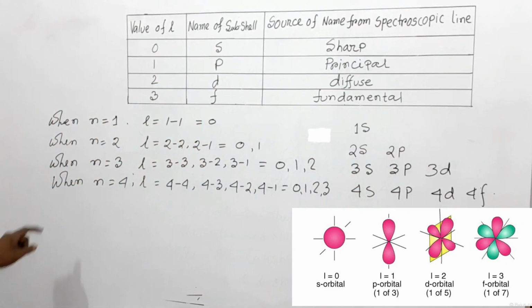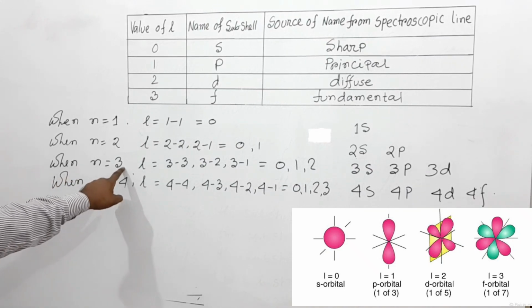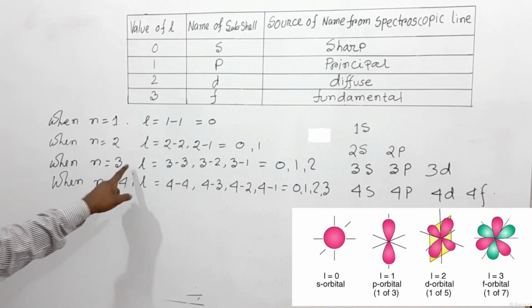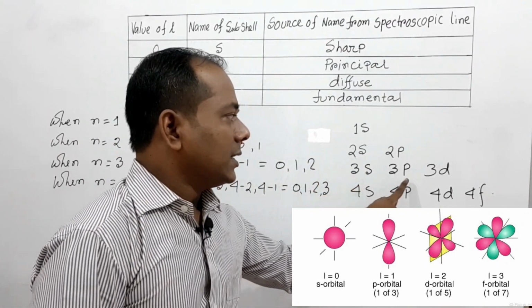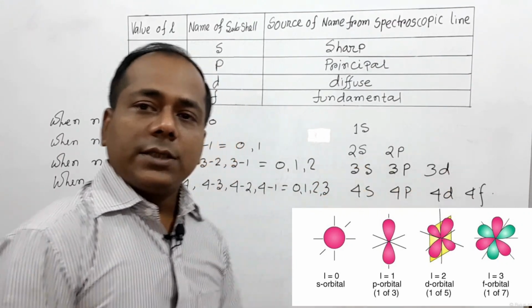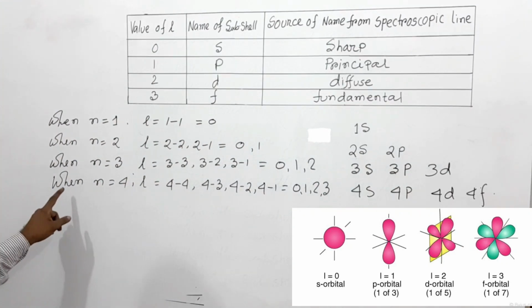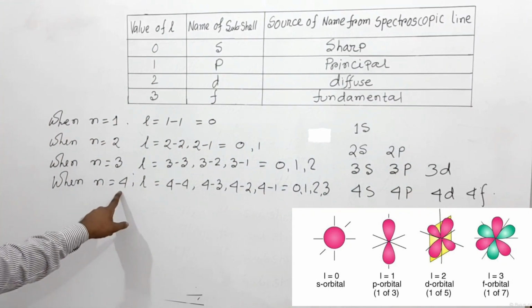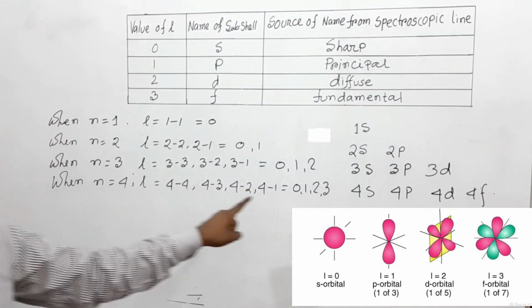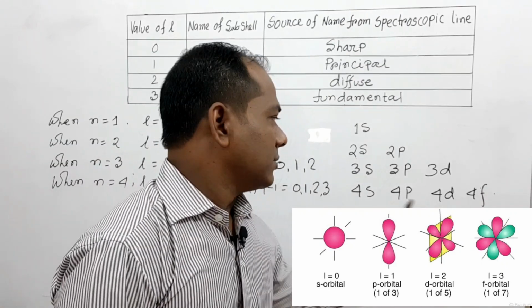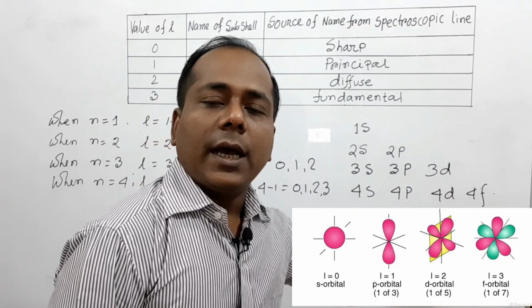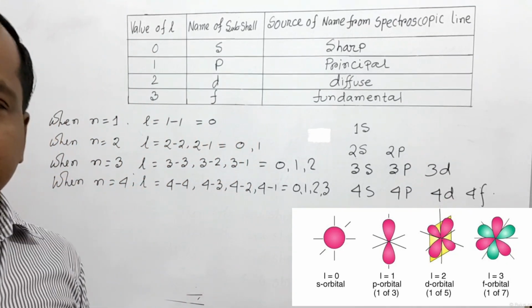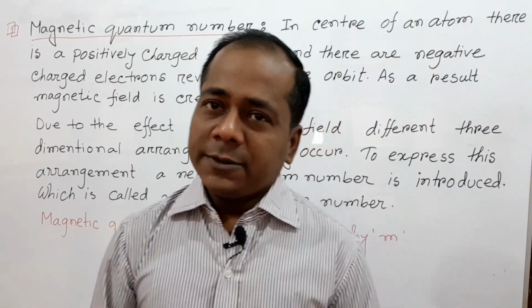When n equals 3, that means third shell, we get 3 subshells, that means 3s, 3p, 3d. And when n equals 4, that means for fourth shell we get 4 subshells, that is 4s, 4p, 4d and 4f.